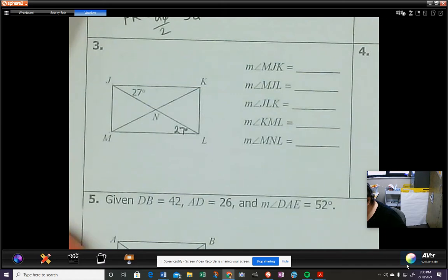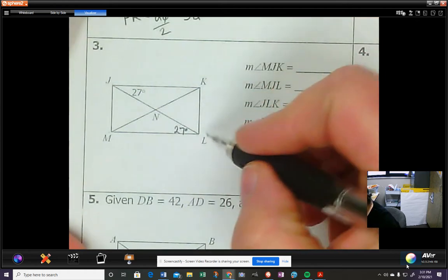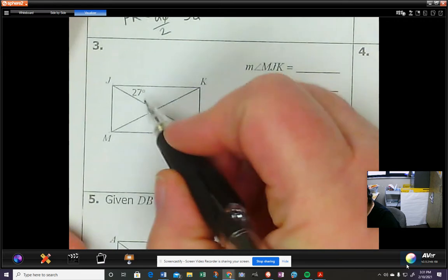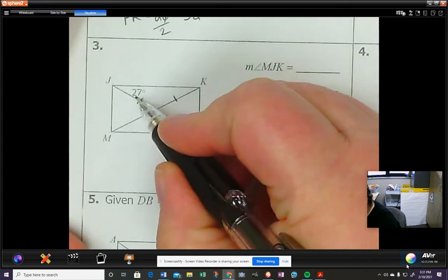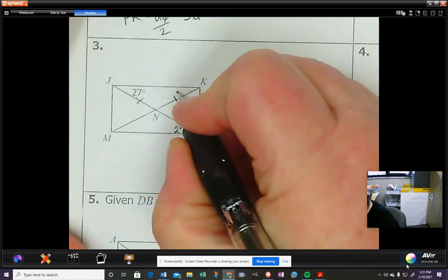Let's see, what else can we find? This is congruent to this, so this angle has to equal this angle, so this one is 27.